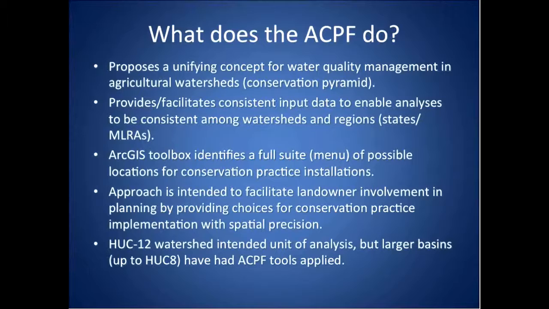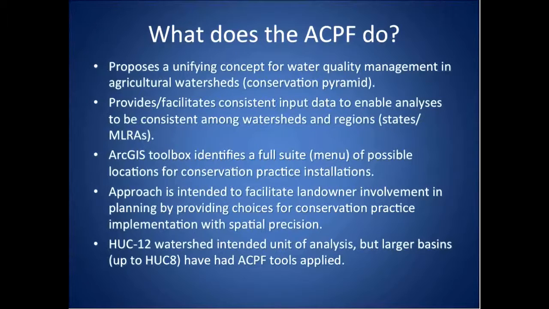It provides a broad base of detailed input data. So it's down to the field scale, but it's at a very broad extent. And so that allows us to conduct similar analyses down to the field scale across a very broad area. So we can take a uniform approach now across several states for watershed approaches to conservation planning.